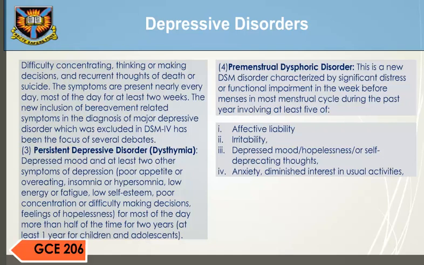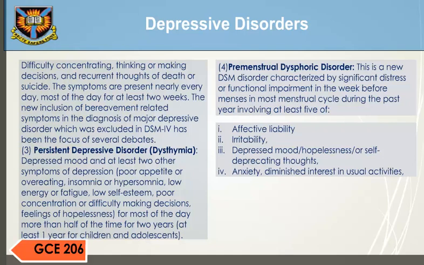The symptoms are present nearly every day, most of the day for at least 2 weeks. The new inclusion of bereavement-related symptoms in the diagnosis of major depressive disorder, which was excluded in DSM-4, has been the focus of several debates.